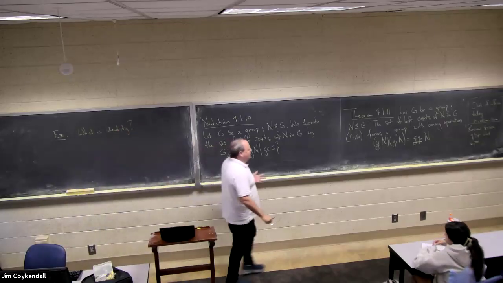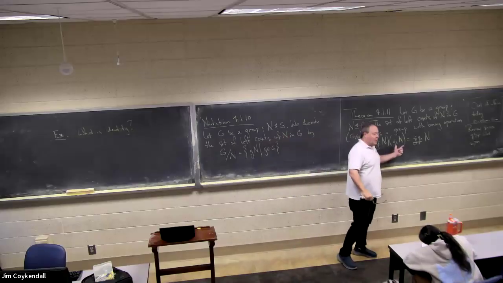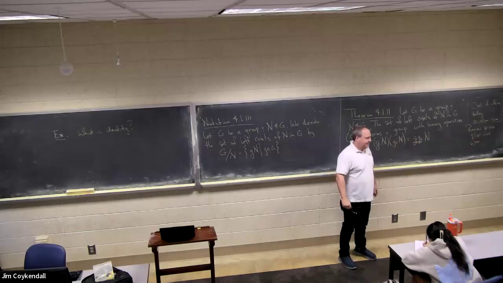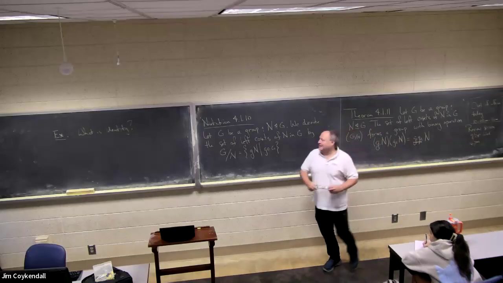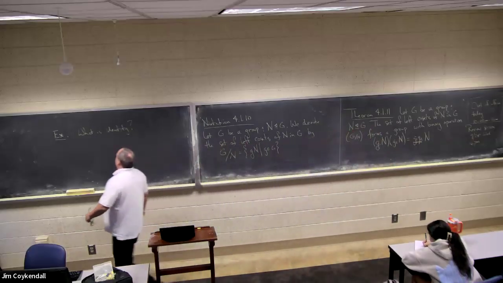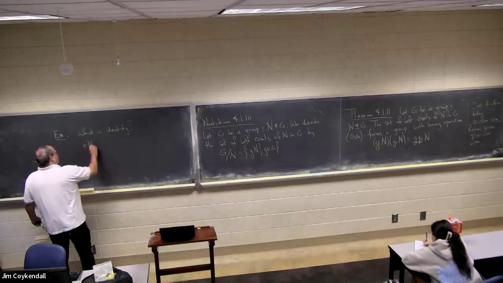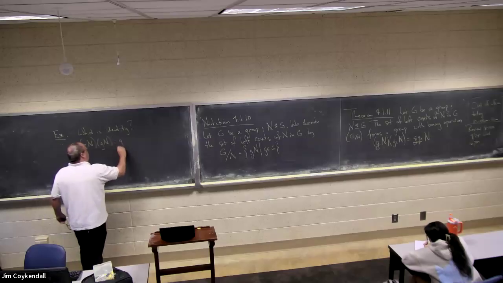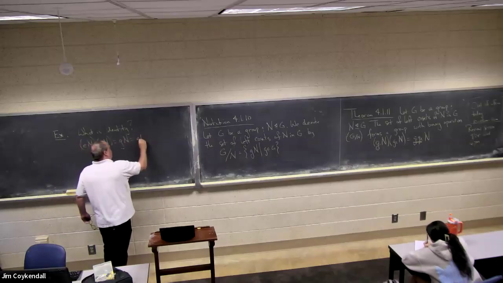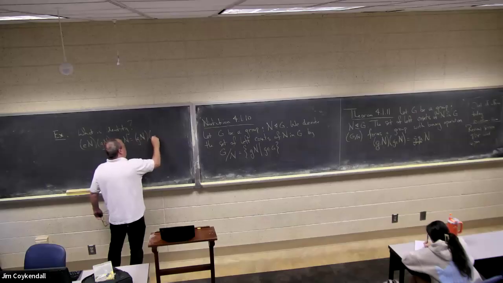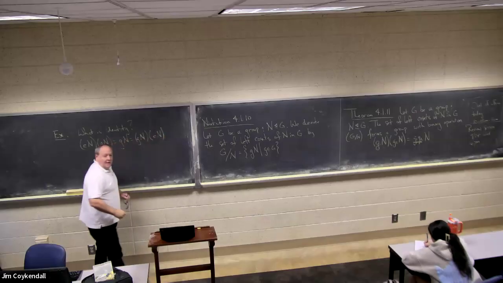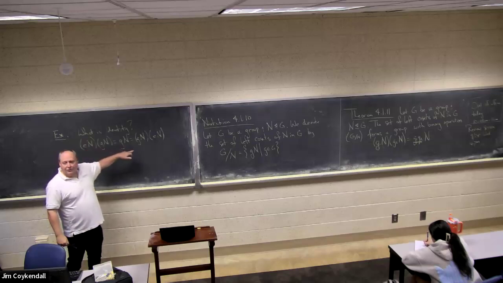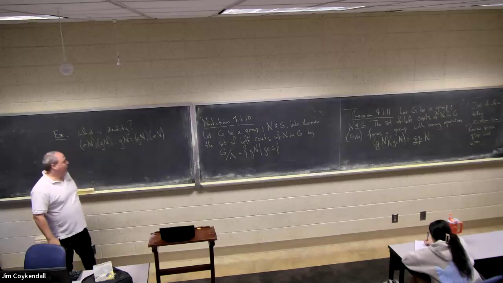Under this rule, what is the coset that I can multiply any other coset by? That is correct. And notice that the coset that acts like the identity is the one that contains the identity, right?